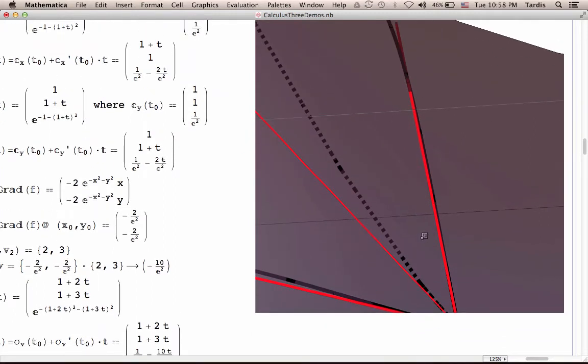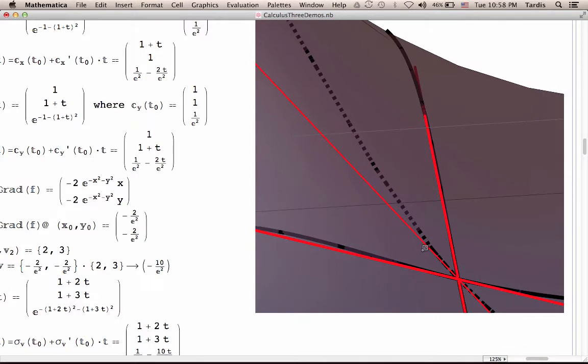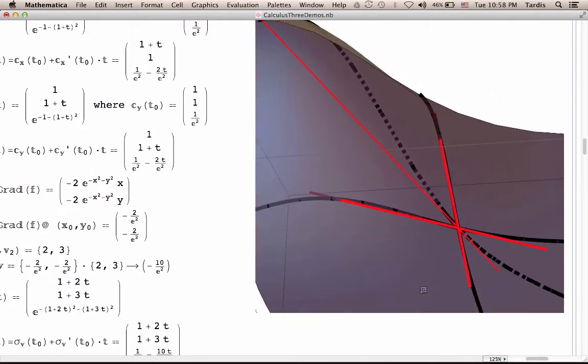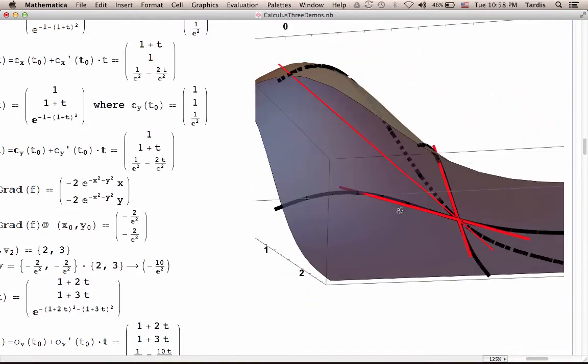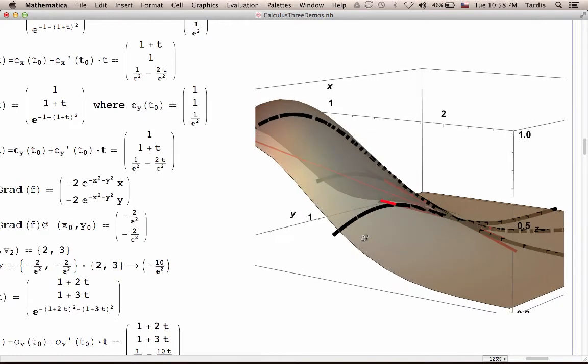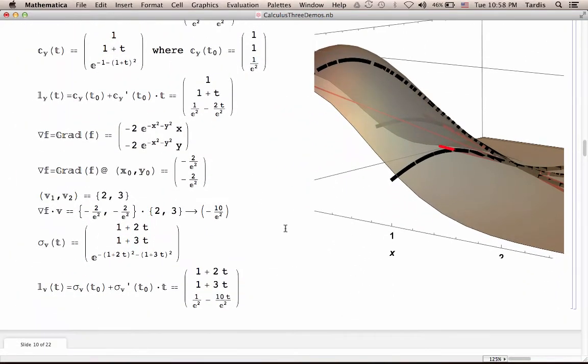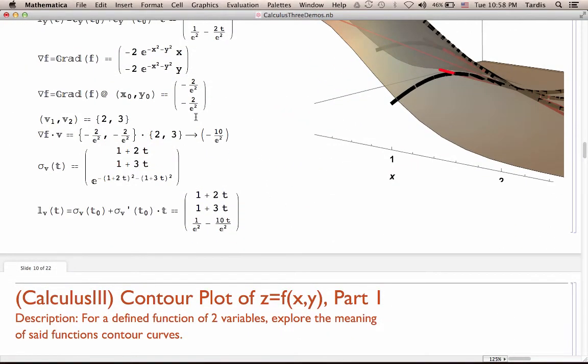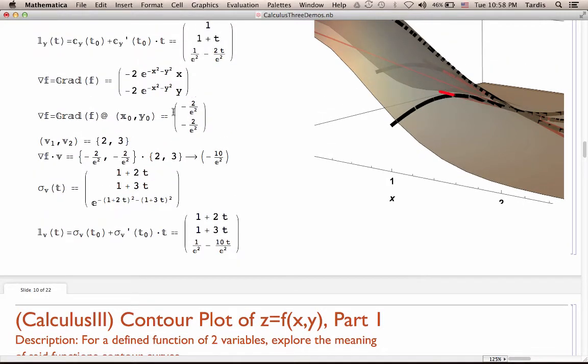Okay? So it does actually look tangent. And I think you can see over here, on the side, here are the computations. I compute the gradient. There's your gradient, evaluated at the point (1, 1). Our point x naught, y naught is (1, 1). There's your gradient at that point. Here's your direction vector (2, 3).